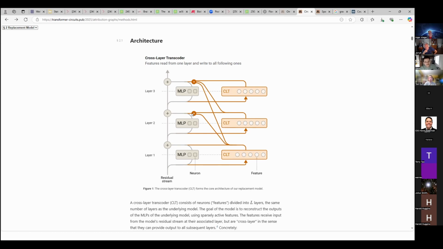So it's no longer linear combinations within one MLP. We now allow linear combinations from multiple layers' MLPs in the way we build this transcoder.